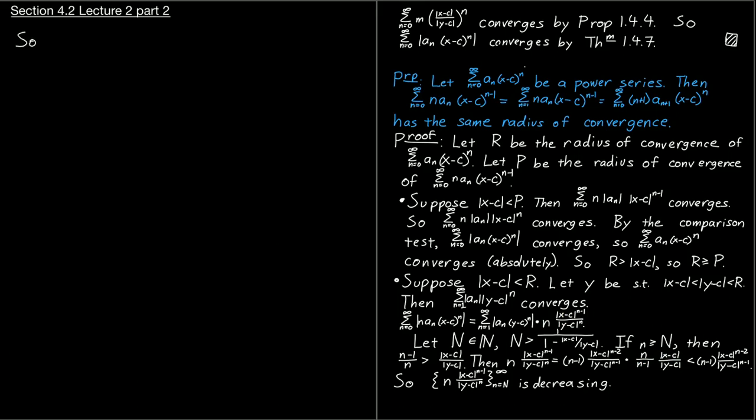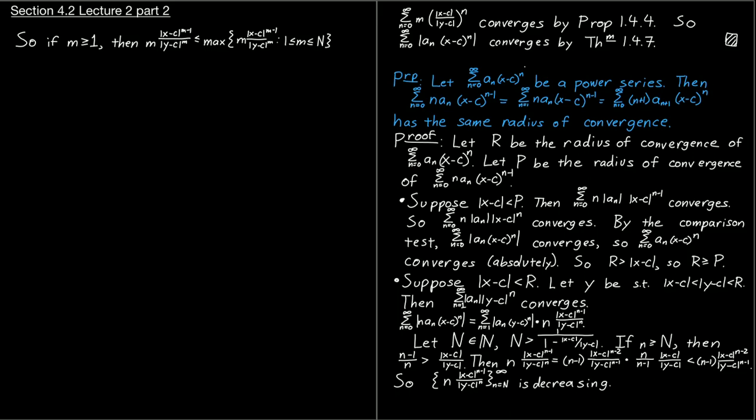So if m is any natural number, m at least 1, then m times |x minus c|^(m minus 1) over |y minus c|^m is less than or equal to the maximum of that quantity for m between 1 and capital N. Up to capital N, we're not quite sure what's going on, but after capital N, that's a decreasing thing.